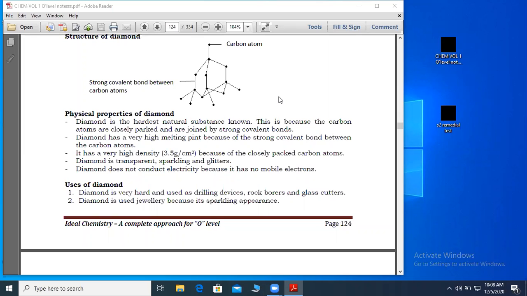But also someone can say, explain why diamond does not conduct electricity. That means now you are maturing in chemistry, you senior twos. When someone says explain, it means give a reason and explain your reason. Okay?